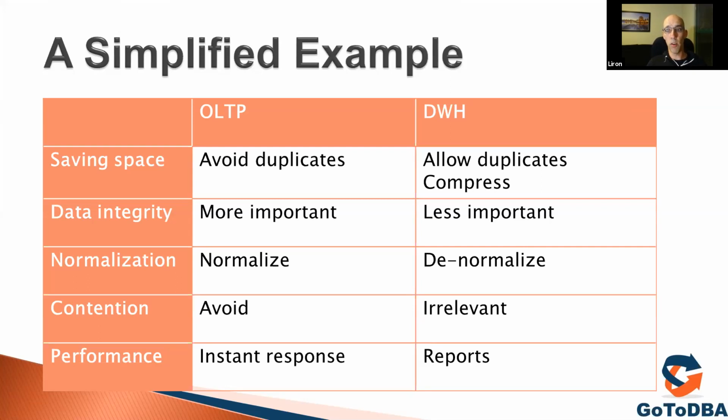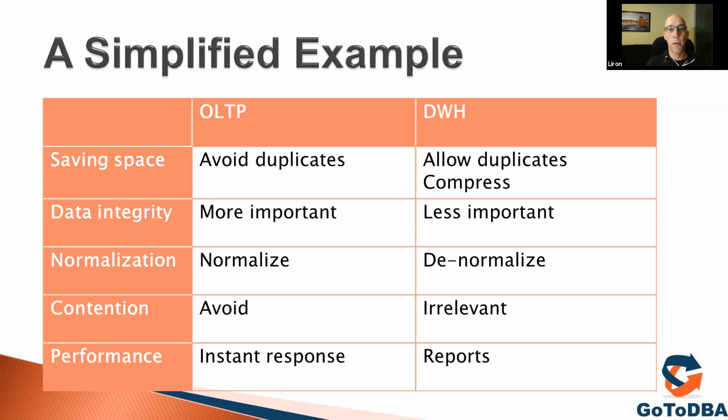Also, a data warehouse is usually read-only, so we can validate the data only at the entry point, and once we validated it, we don't need to check it every time or have constraints. We only make sure that the data is correct when we load it, and then it's read-only.